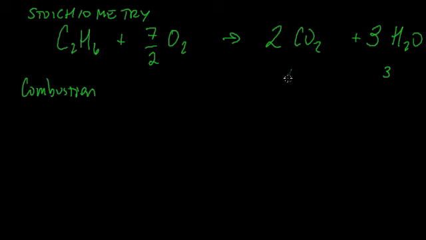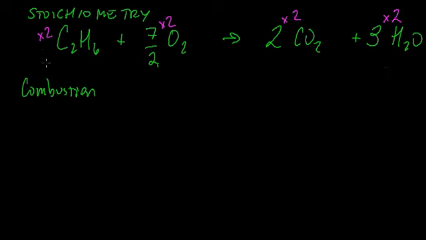Now, that being the case, what do we have to do in order to get this balanced with all integers? Well, if this is 7 halves, we're going to need to multiply all of these by 2 to get rid of the denominator on the 7 halves.